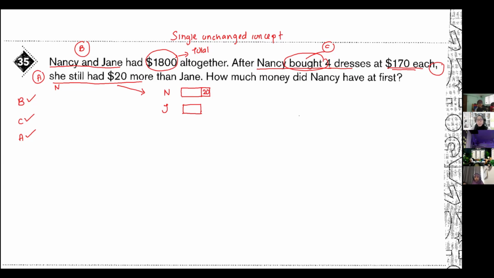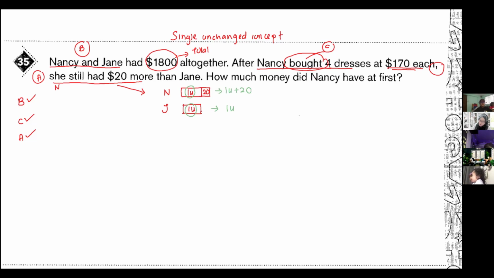So this is a comparison model, which you all know by now. Okay, so which means the amount that Nancy and Jane have is actually the same, only that Nancy has $20 extra. So this is 1 unit and this is 1 unit. This 1 unit and this 1 unit is the same. So I can conclude that Nancy has 1 unit plus 20 in the end. However, Jane has 1 unit only in the end. Okay, so this is for my after.